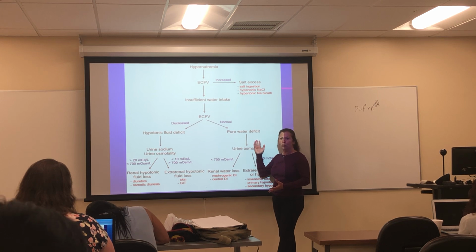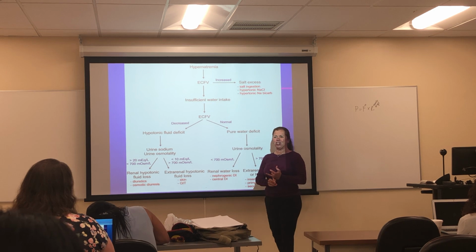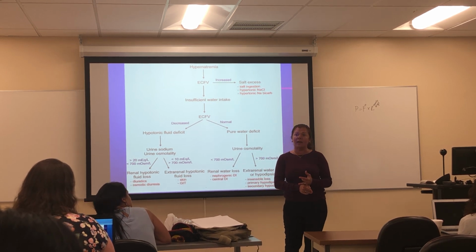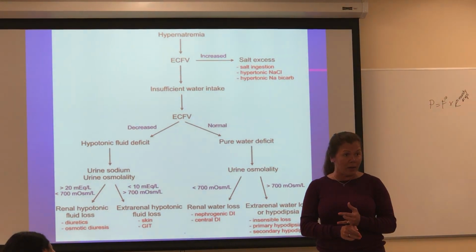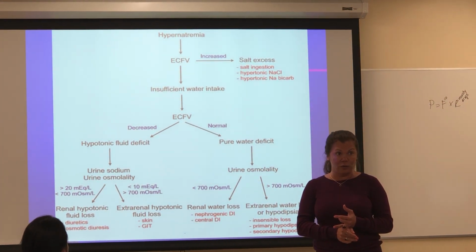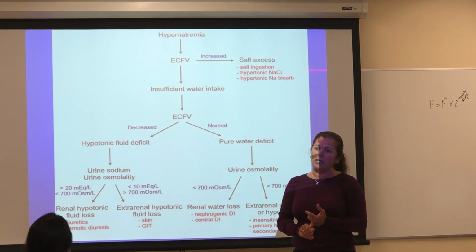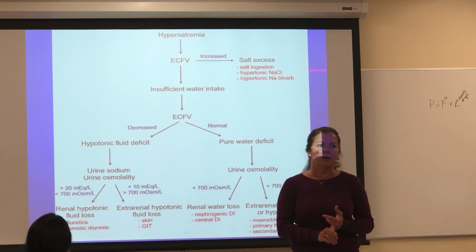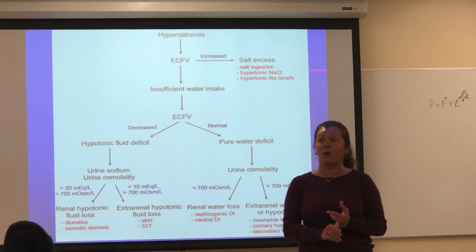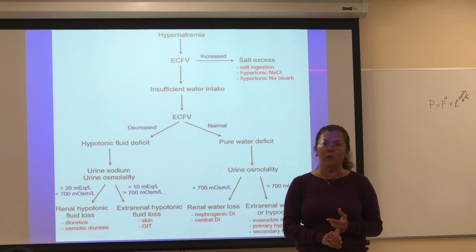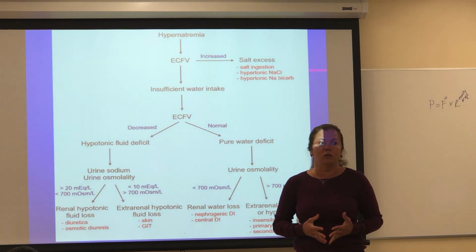You're losing pure water because you are either centrally deficient of ADH, either congenitally or from a brain trauma to the posterior hypophysis, or nephrogenically because you lack or are resistant to the aquaporin receptors for the ADH, and therefore the patients cannot conserve water.